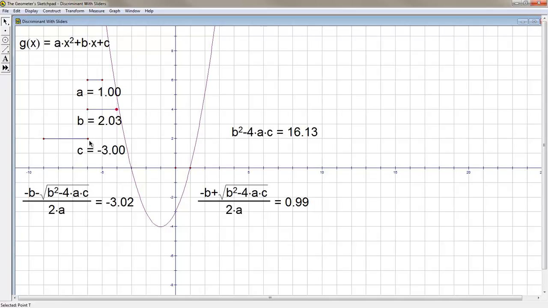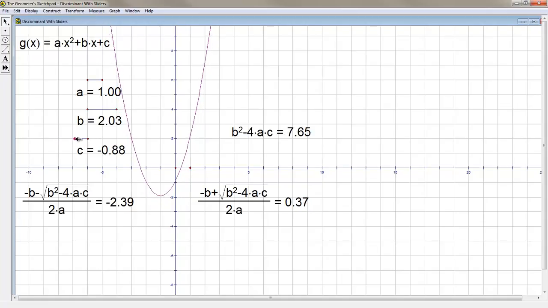Okay, so the c value, right now the c value is -3. Okay, so it's about -2 there. So notice it went from -3 to -2. Let's go to -1. Pretty close to -1 right there. Okay, it's 0 there, so the y-intercept is pretty close to 0. Let's go up to 1. Pretty close, actually.